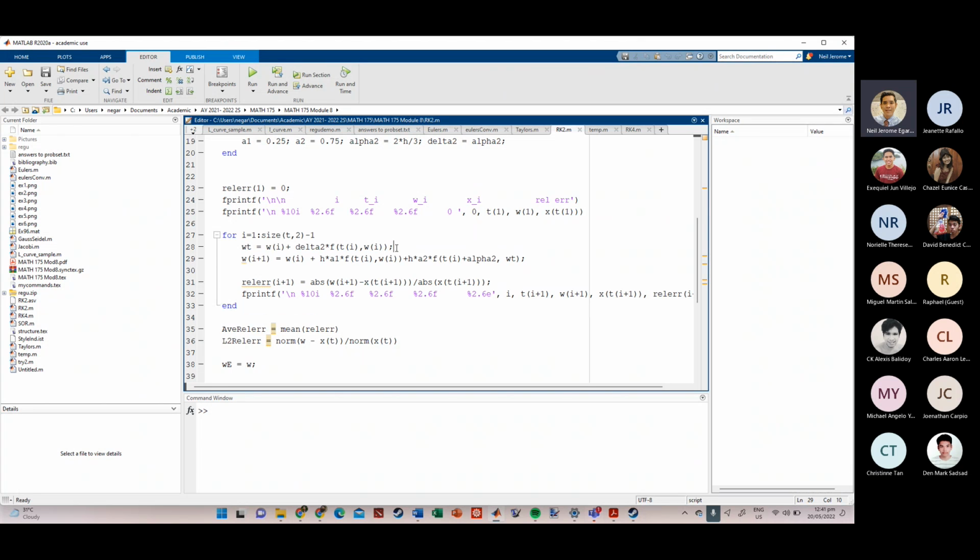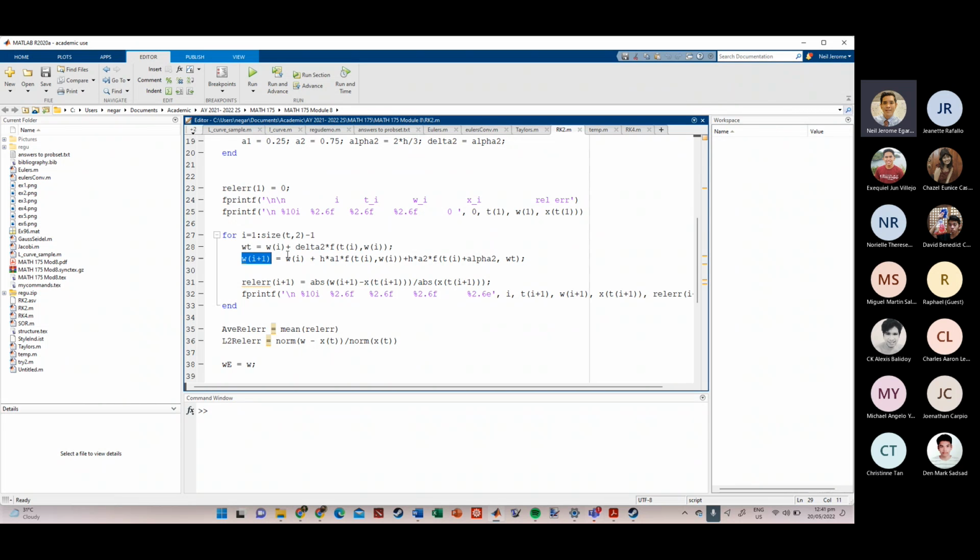Now, line 28 implements the first stage. Ito yung implementation ng Euler's method para makuha yung pang-update natin doon sa function value dun sa second stage. And it is basically Euler's method done with h equals delta 2. Okay? Tapos pag na-compute na yan ni code for a particular time step, t sub i, papakompute ko na ngayon sa line 29 ano yung approximate ko sa susunod na time step, yung w of i plus 1.